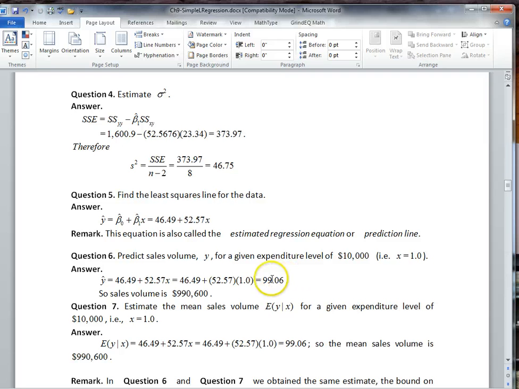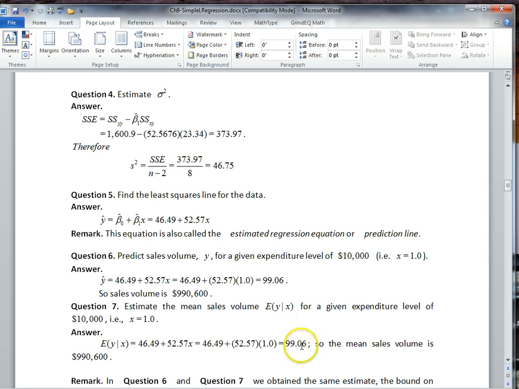Now I have to remember to multiply this by 10,000 to get my sales volume of $990,600. So this is predicting y. If next month I want to spend $10,000, what would be my predicted sales volume?